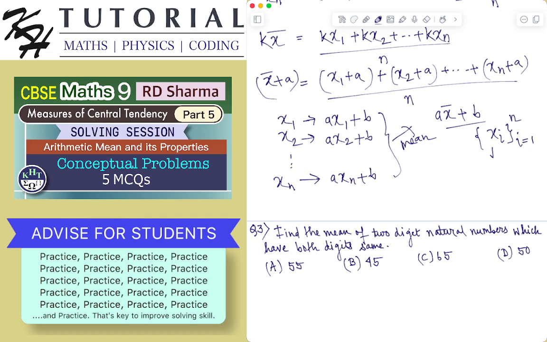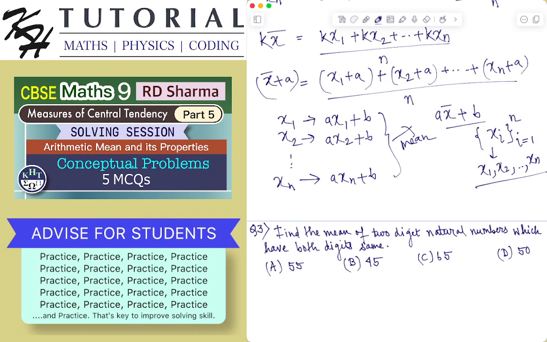This is equivalent to saying x1, x2, up to xn. So we usually represent n observations as x1, x2, up to xn, and in shorter form it is written as xi inside curly braces, and on the right hand side you mention the range of i, that is i from 1 to n.